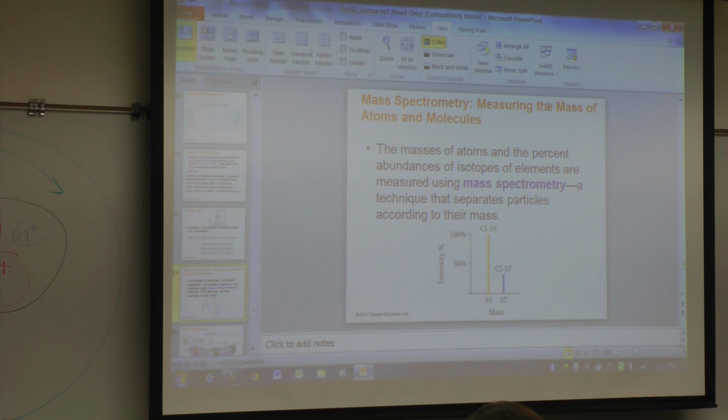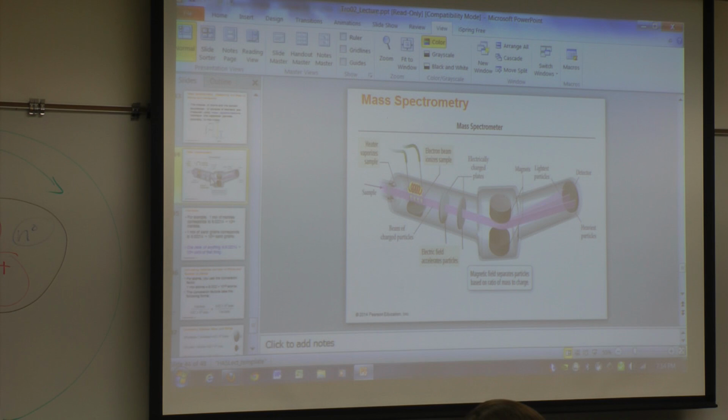So how do we measure the mass of atoms? We use a mass spectrometer. When you take organic chemistry, this is one of the pieces of equipment that we use to determine the different masses.